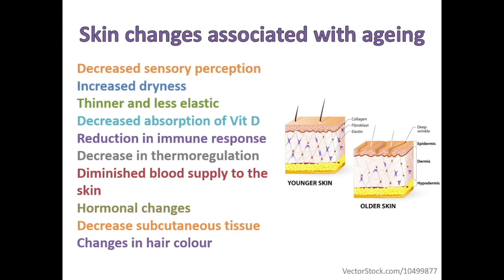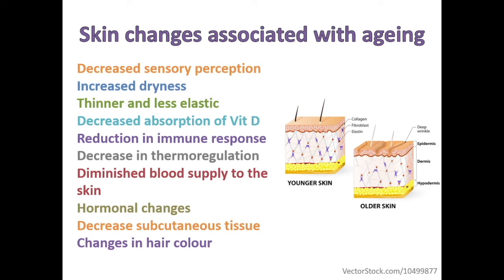Thinner and less elastic skin, so due to reduced collagen and elastic fiber production, we can see in the picture that collagen becomes thinner, and along with less adipose tissue, the skin structure is compromised, which causes wrinkles. So for example, the skin on the back of the hand becomes thin and somewhat transparent, and this means that it can become subject to shearing, trauma and friction, which we'll discuss a little bit later.